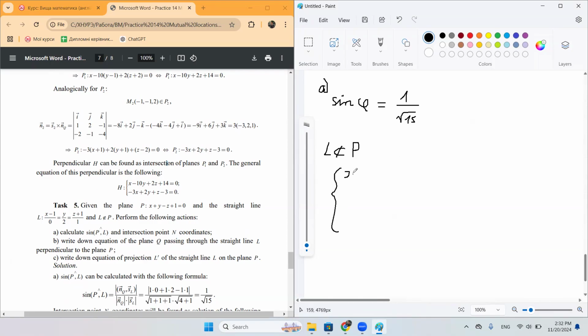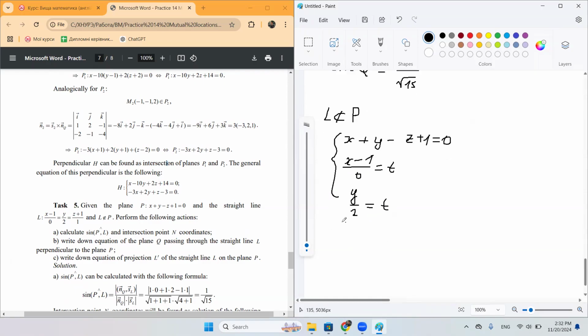The plane is x plus y minus z plus 1 equals 0. Let's write the line in parametric form. x minus 1 over 0 equals t, y over 2 equals t, z plus 1 over 1 equals t.